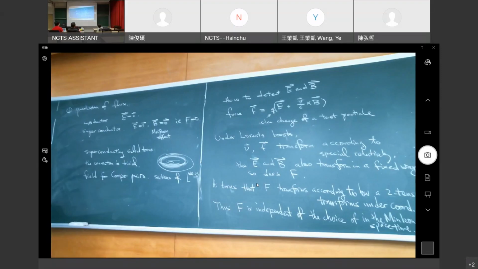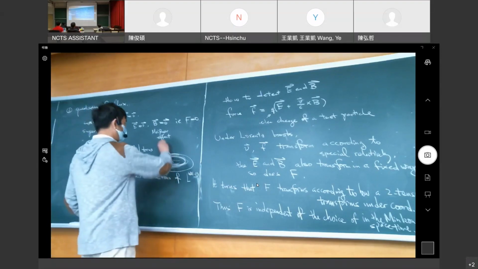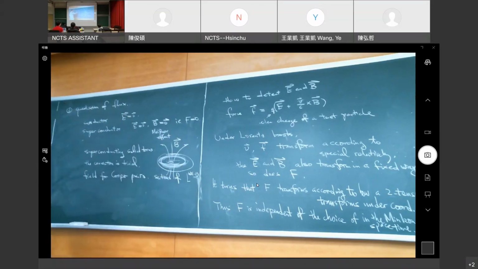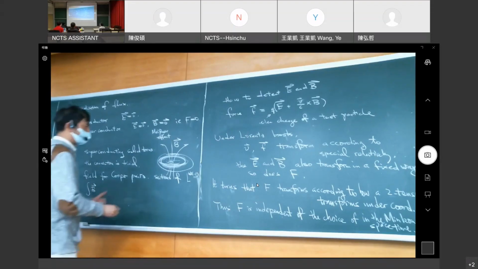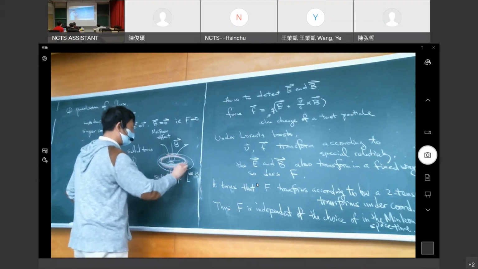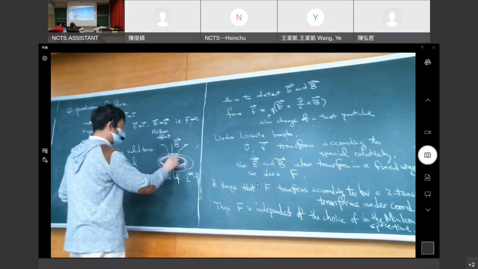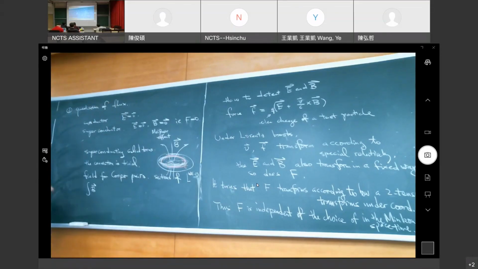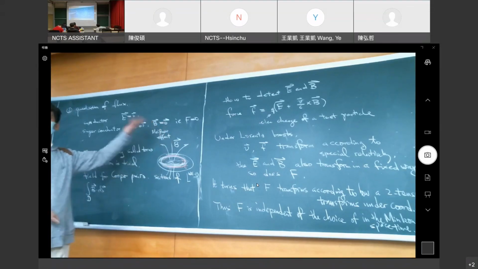If that is the case, then suppose we put some magnetic field through the hole inside the torus. Let's say we have a circle here inside the torus, and mathematically the circle bounds a surface D. This magnetic field is integrated through this D, so this is the flux here.